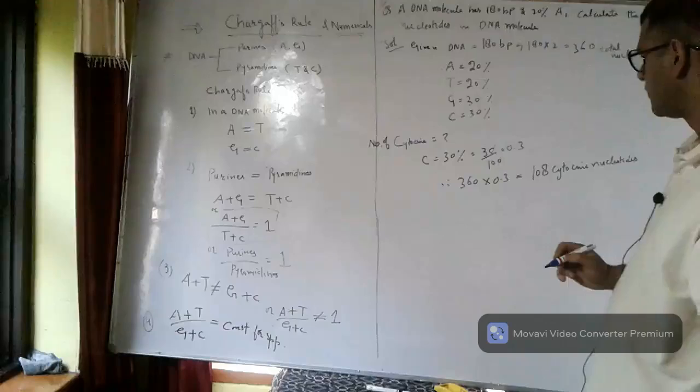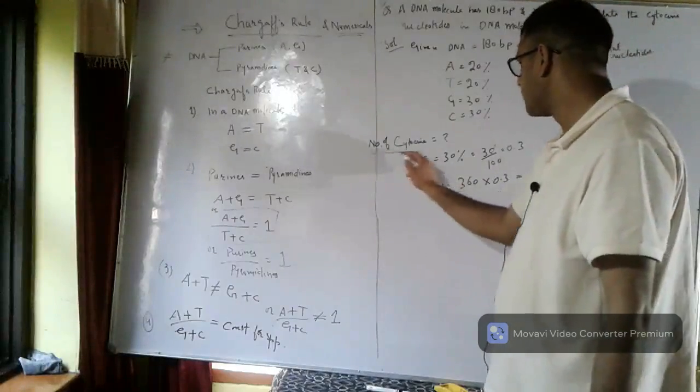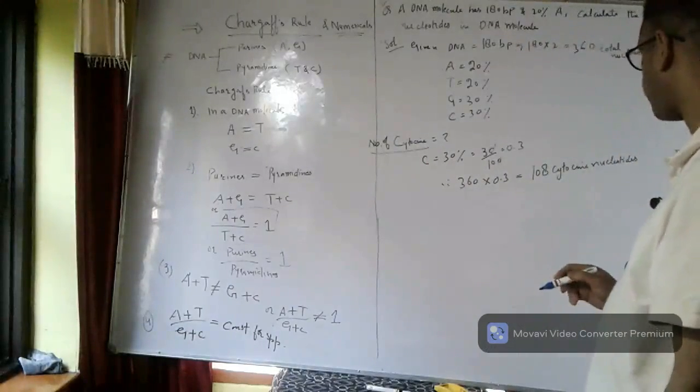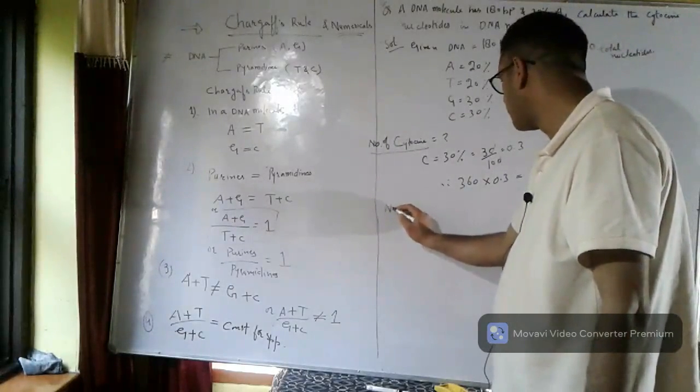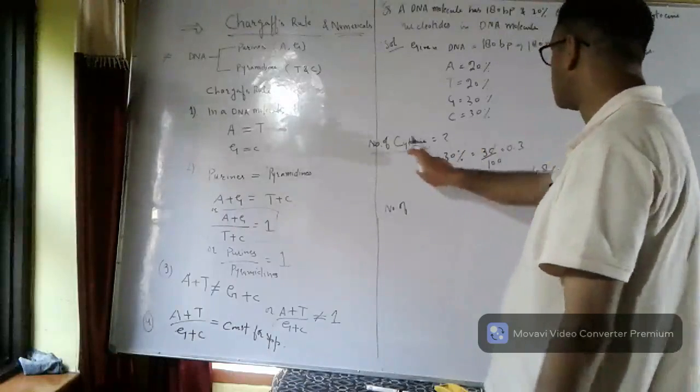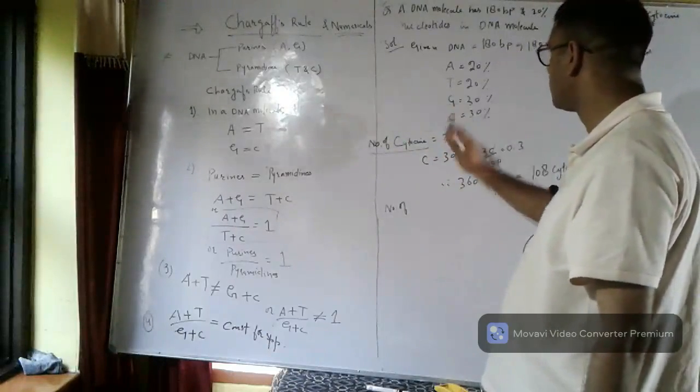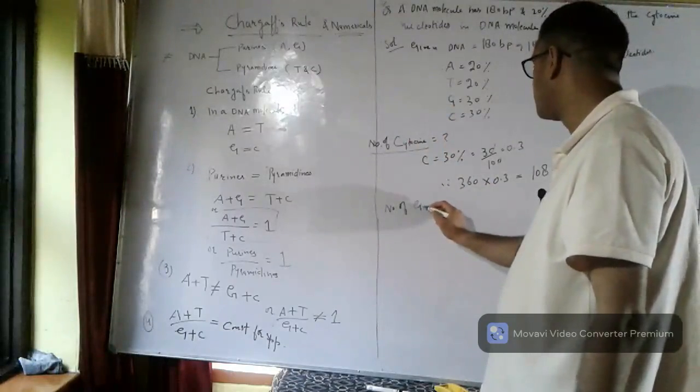108 cytosine nucleotides. This is the number of cytosine nucleotides. We can also calculate the number of guanine nucleotides. Cytosine always pairs with guanine.